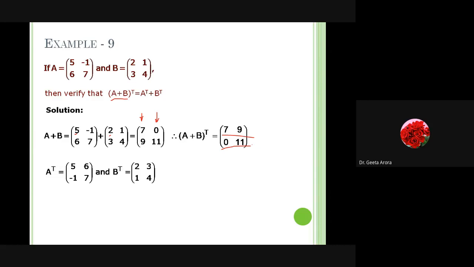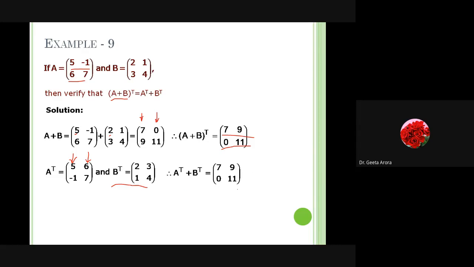Correct? So this we have done, and now let's write down A transpose and B transpose. A transpose means converting the rows and columns of A to columns and rows. Here we have to interchange. If we have 5 and minus 1 in a row, we write it as a column. Similarly, 6, 7 we write as a column. Similarly we obtain B transpose, and the sum of A transpose and B transpose comes out as 7, 9, 0, 11.